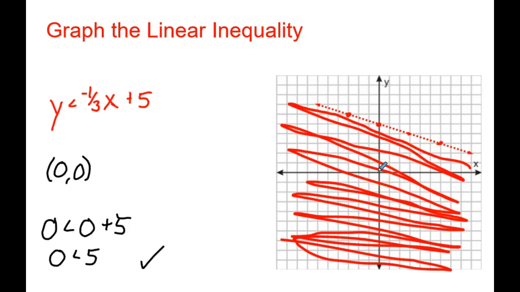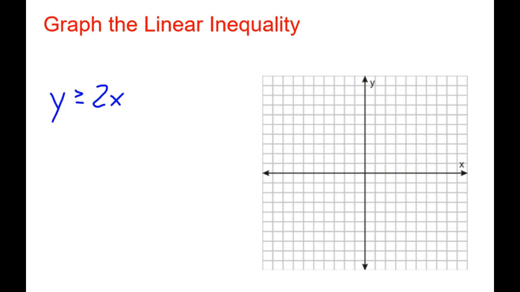The only time you can't use the origin as a test point is if the line you constructed actually goes through the origin. If the line itself goes through the origin, then we cannot use the origin as a test point. Any other time we can. We got a true statement when we plugged the origin in, so we shaded that region. If I picked any ordered pair in this shaded region and plugged it into the inequality for x and y, we would get a true statement.